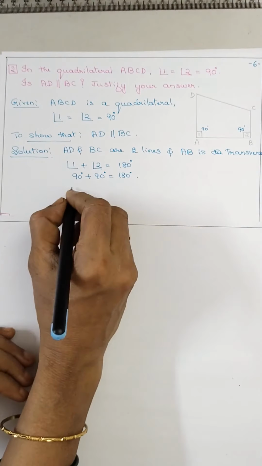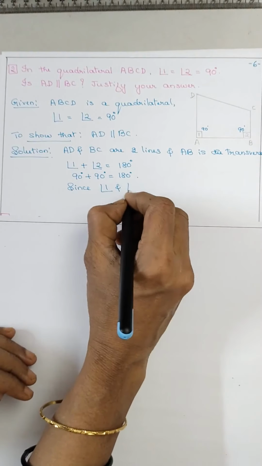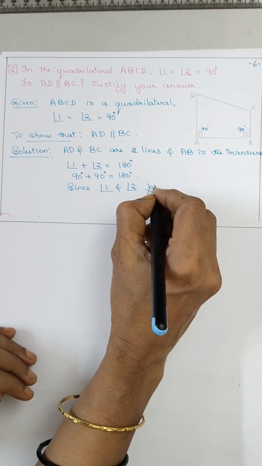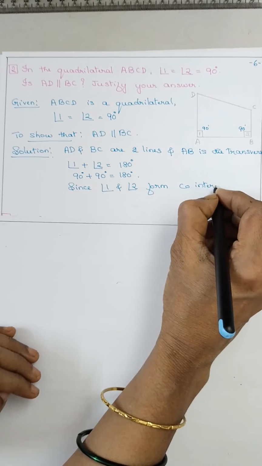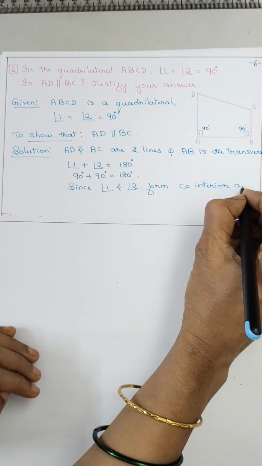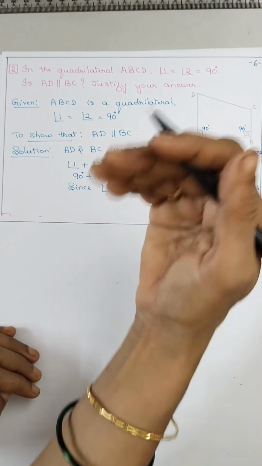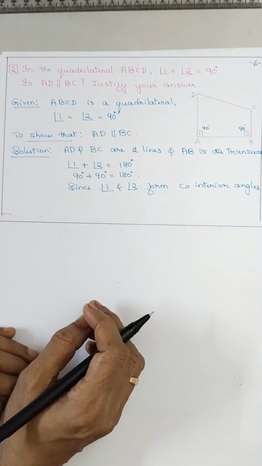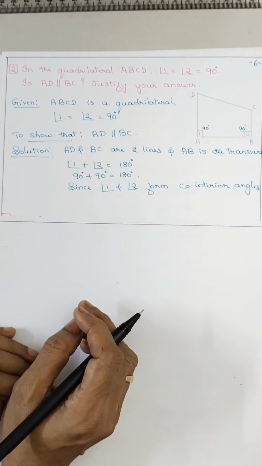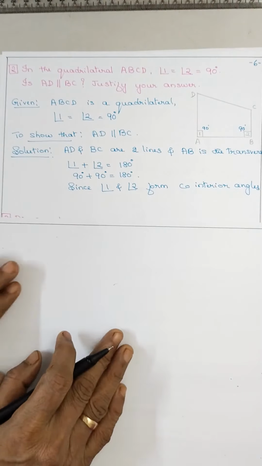So now, since angle 1 and angle 2 form co-interior angles, isn't it? Co-interior angles. On the same side of the transversal and interior, so their sum will be 180. Then they are supplementary.